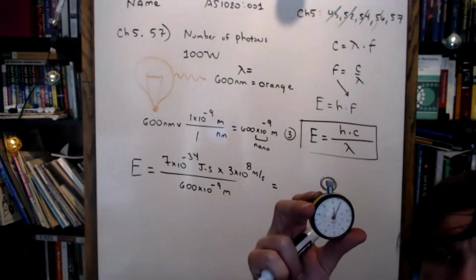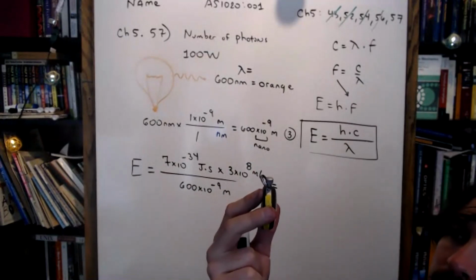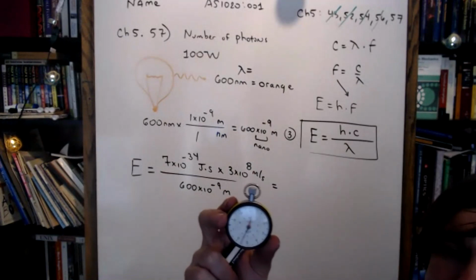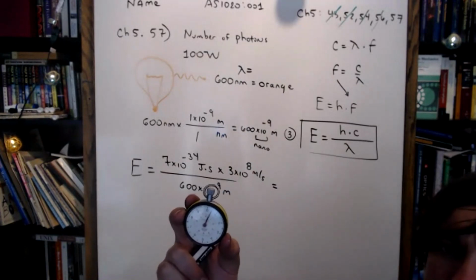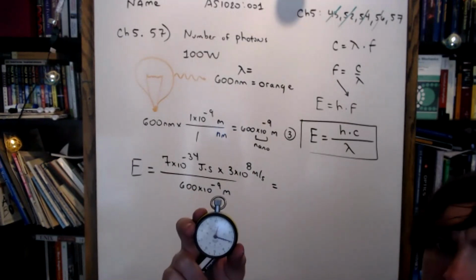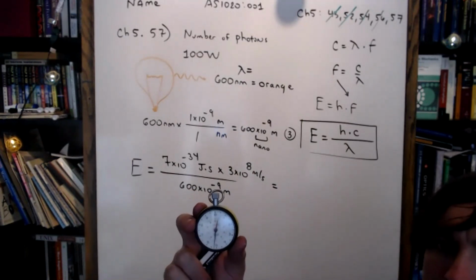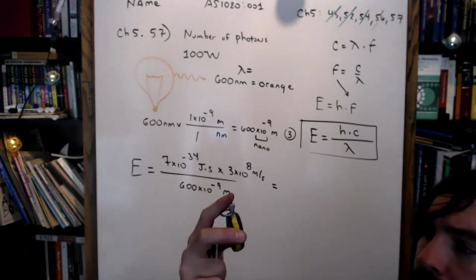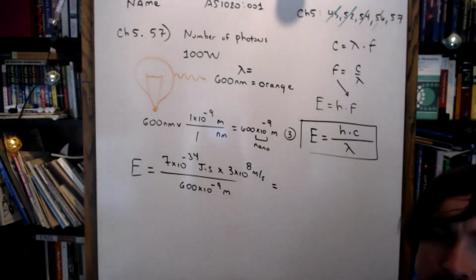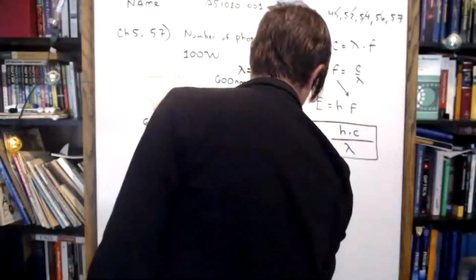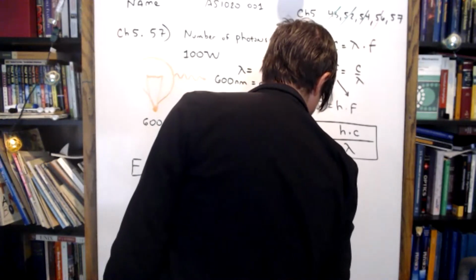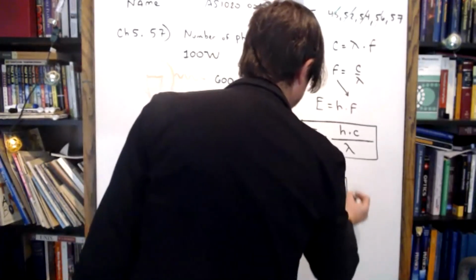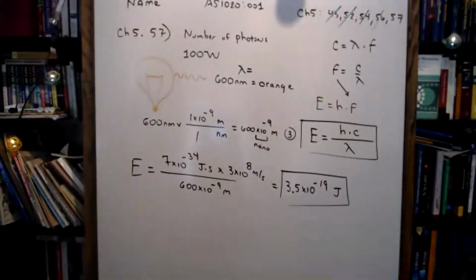It's 10 seconds. 0.5 times 10 to the negative 19. Units? Joules. Excellent, Christopher. Box that. That's part A.